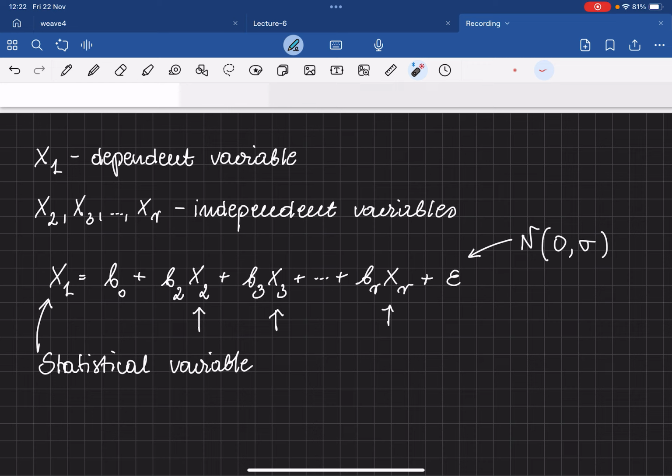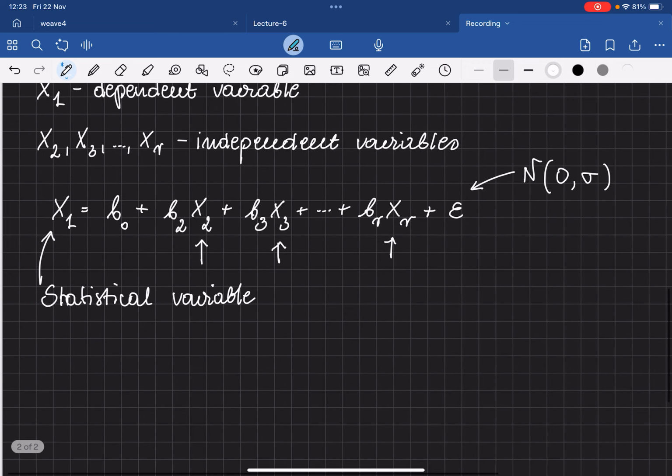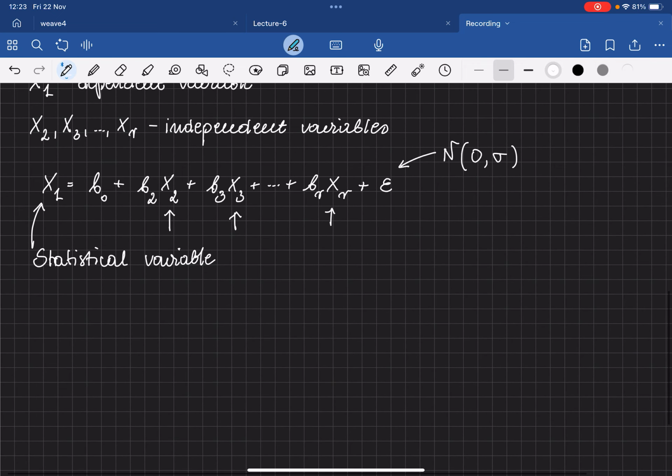We can do it hypothetically in the whole population, but what we usually do is select a sample and look for estimates of these numbers, which are appropriate coefficients calculated in the sample. We are now passing to deriving formulae for estimates of B0 up to BR.